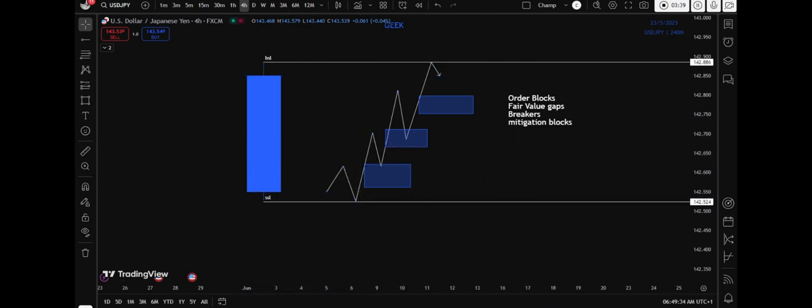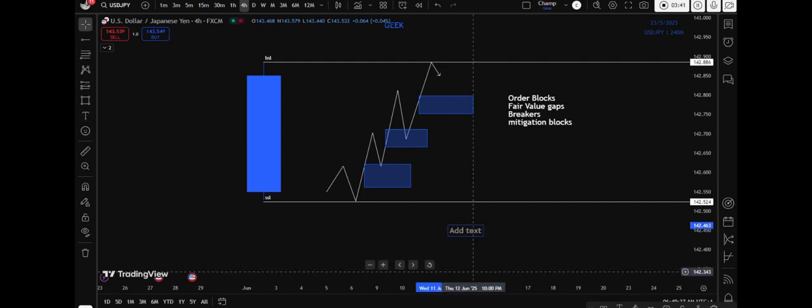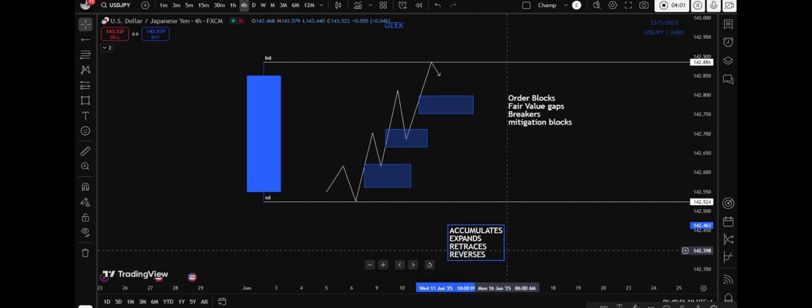As we all know, or as we are learning here, price moves in 4 ways. It accumulates, it distributes or expands, it retraces, and then it reverses.